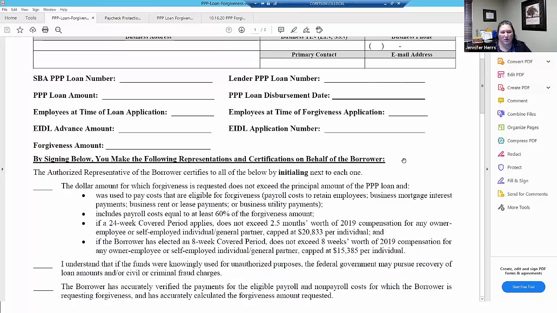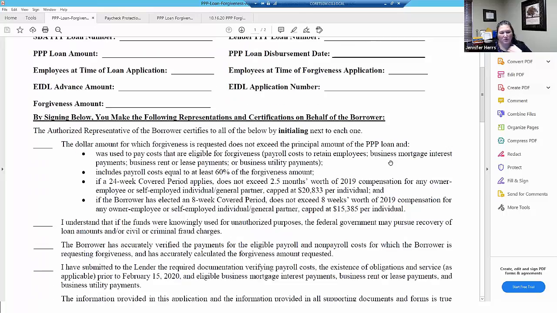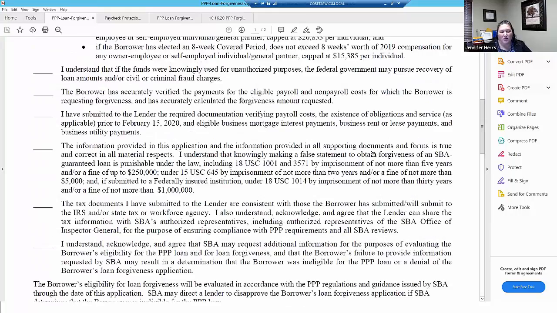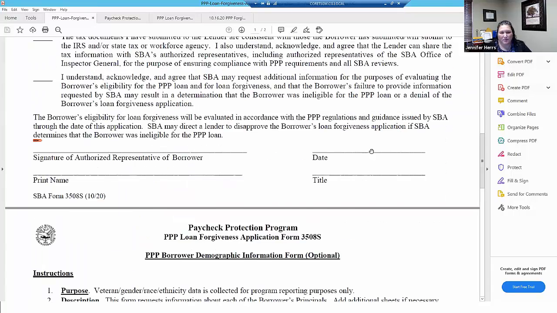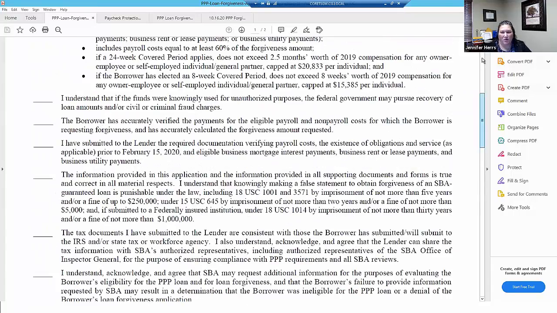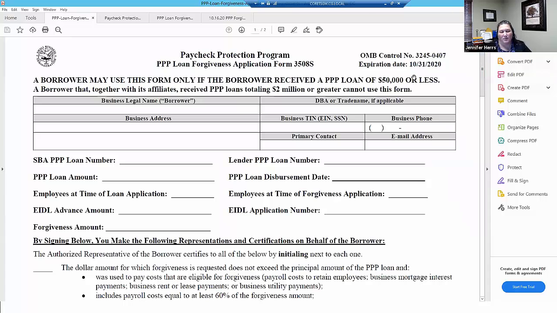Then you have to answer questions, and you still have to provide information to them. If you have payroll, they want the payroll information, or if you're a sole proprietor, they want your bank account information showing that you paid yourself or rent or anything like that.